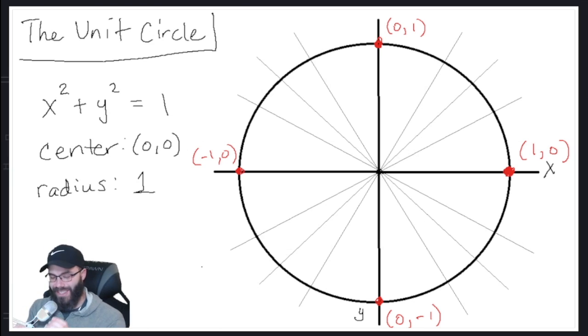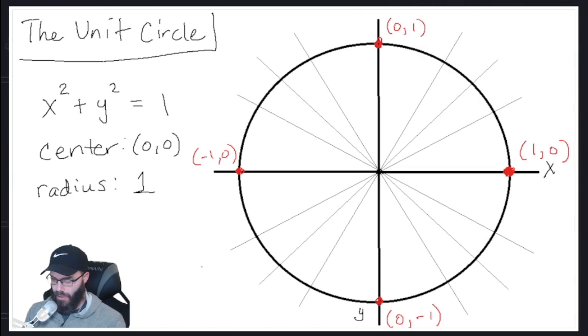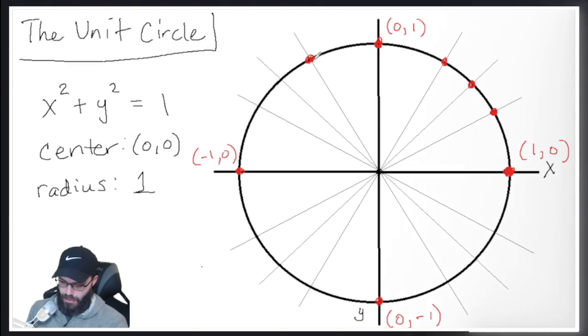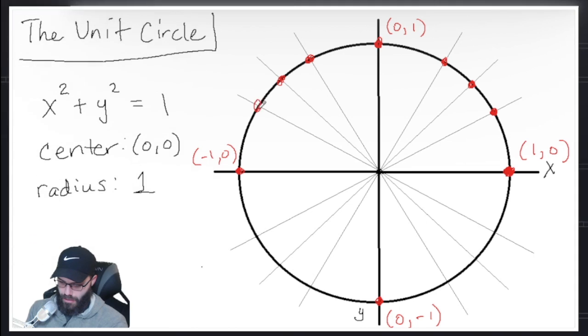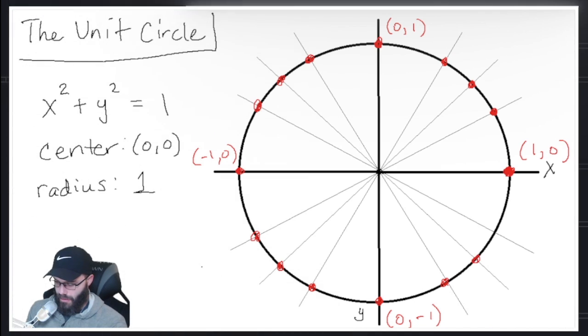All right, and then you see these thin lines going through the origin as well, right? You see these thin lines. These thin lines intersect this circle at these red marks that I'm making. All right.